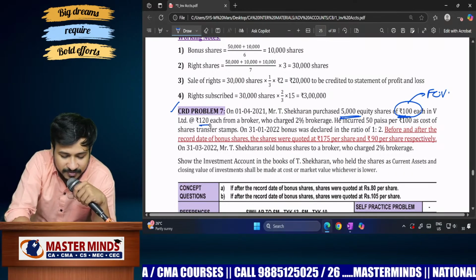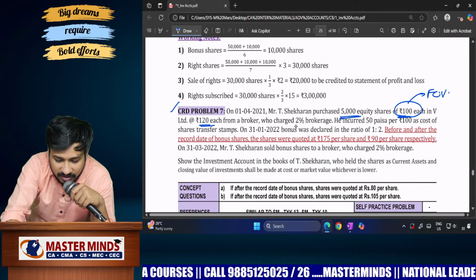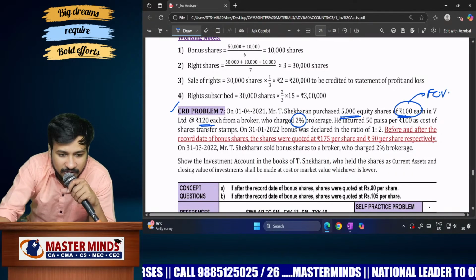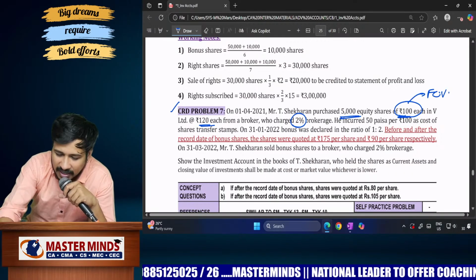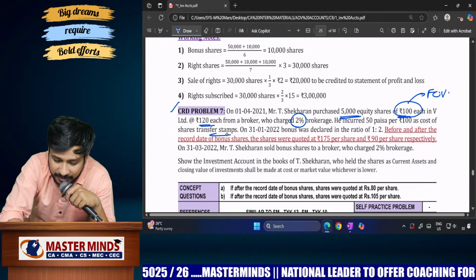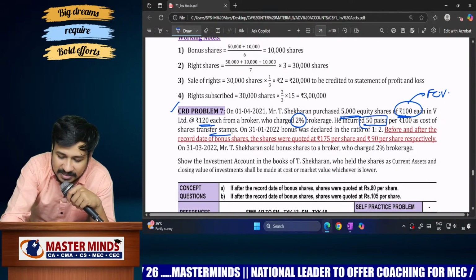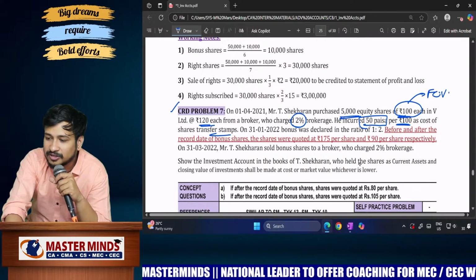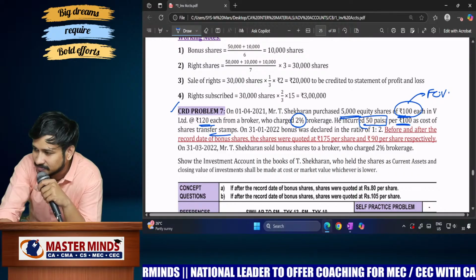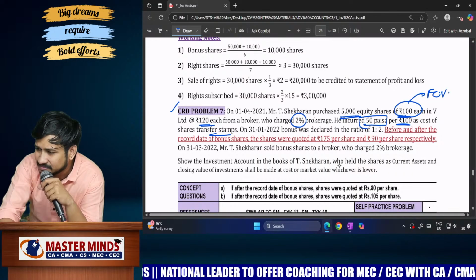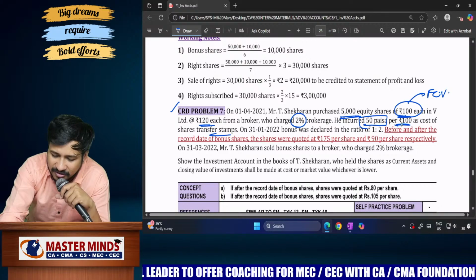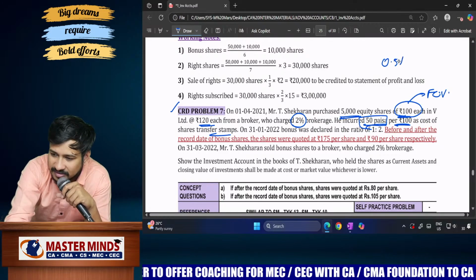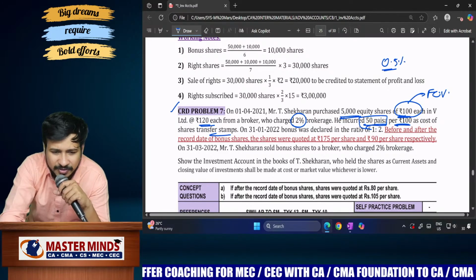At a price of rupees 120 each from a broker who charged 2% brokerage. I hope you are comfortable with that. Also incurred some stamp duty, which is 50 paisa per 100 as cost of share transfer. Stamp duty of 50 paisa per 100 is 0.5%.